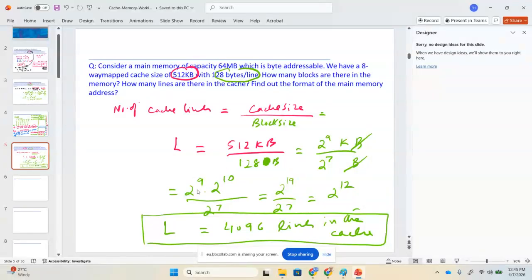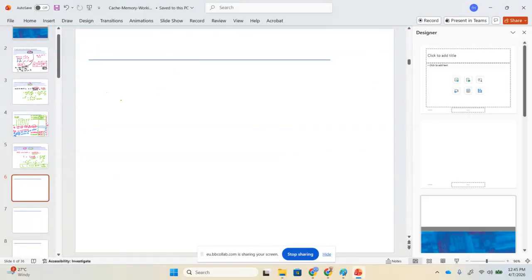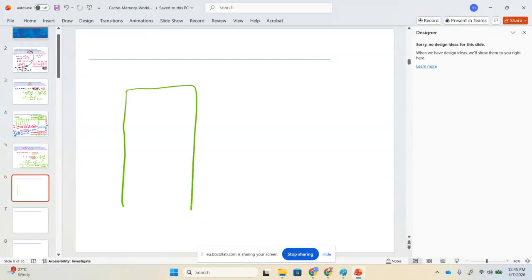So please remember, if you remember from last time, we have sets. In the cache we have set 0, set 1, set 2, and so on until set S minus 1. How many sets are there?